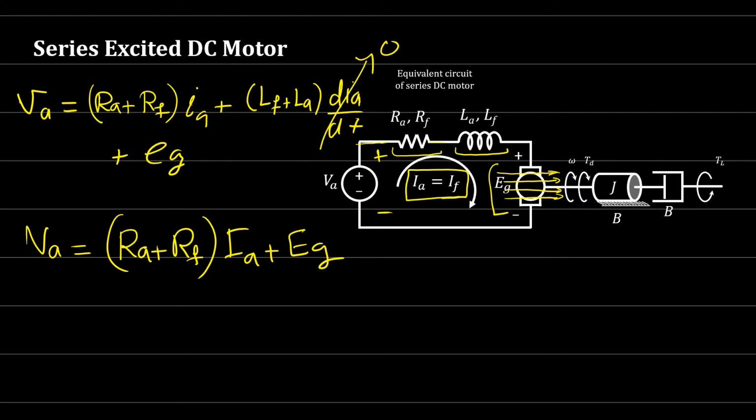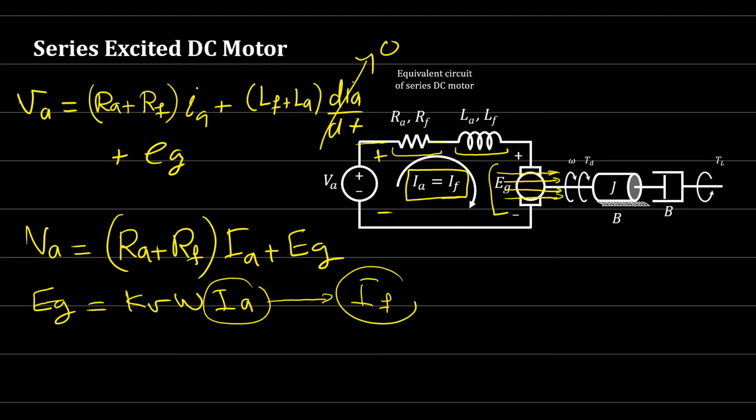Now again, the relation between the mechanical and the rotating part. So EG is equal to how much? KV, the angular speed, times IA, or IF, right? Because in this motor we have the same value, so we said IA, no problems. If you remember last lecture, we said EG is equal to KV omega IF. That was for the separately excited motor.